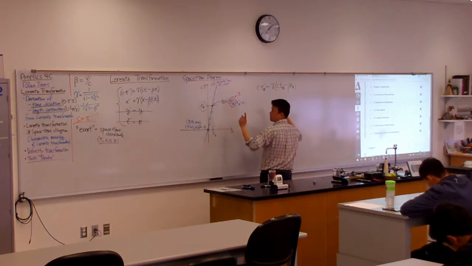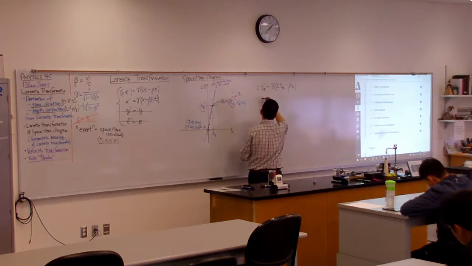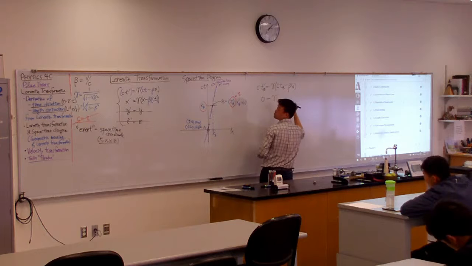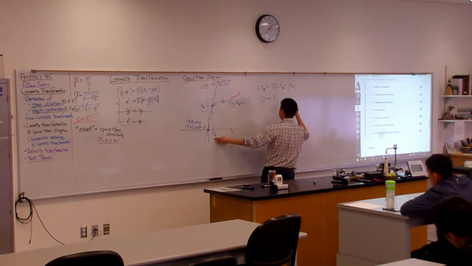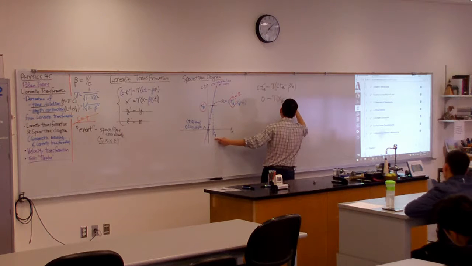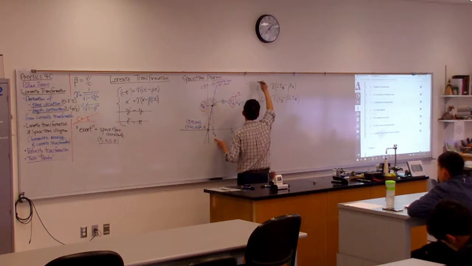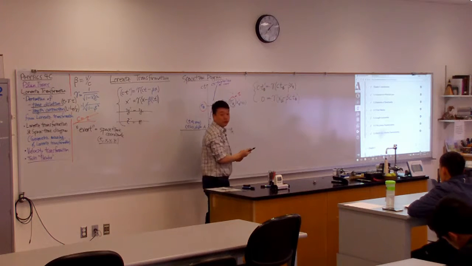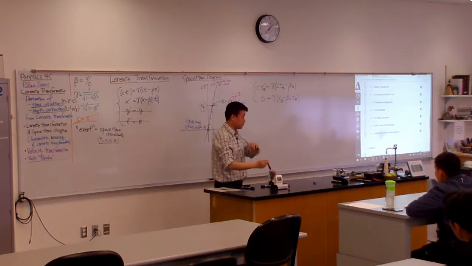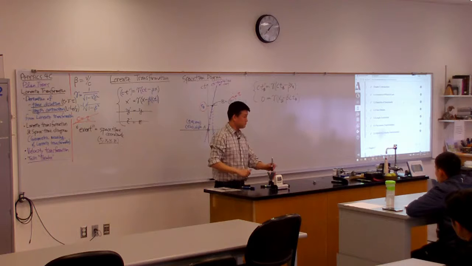And I have x prime, I know that one, that's 0, is equal to gamma times x, which I don't know, let me just write it as x b minus beta c t b. This is a system of two equations. So I'm hoping I only have two unknowns. If that's the case, I can do the algebra and solve it.